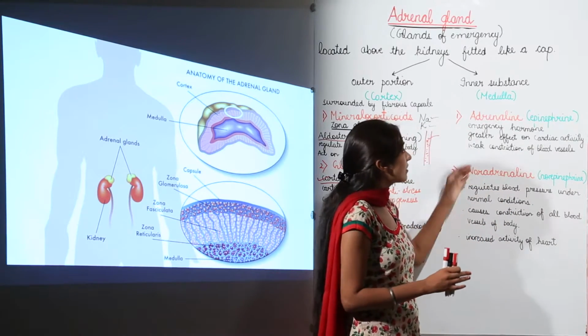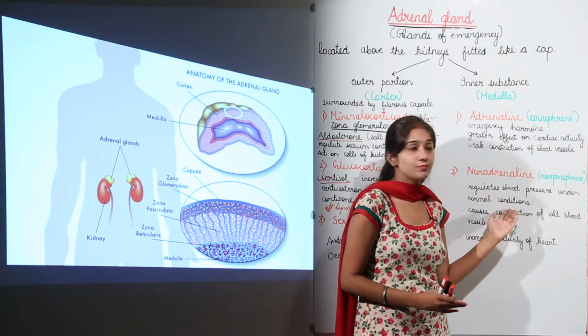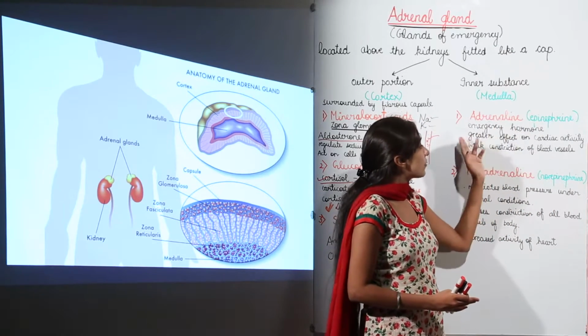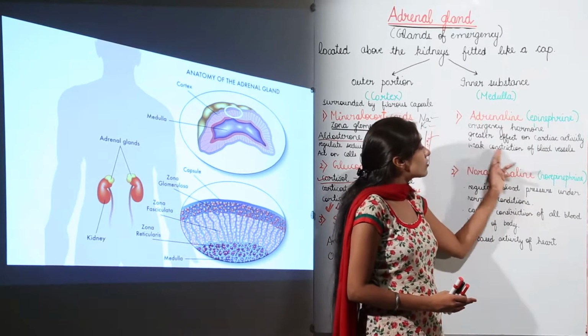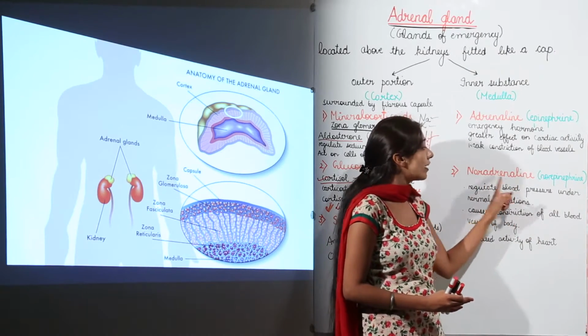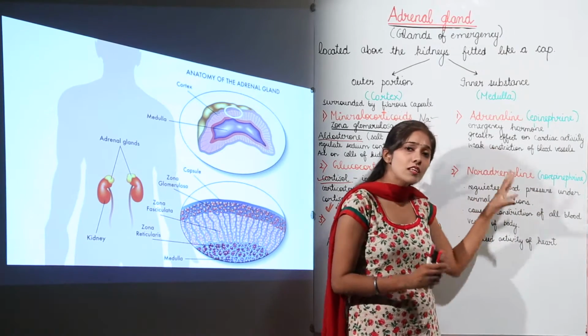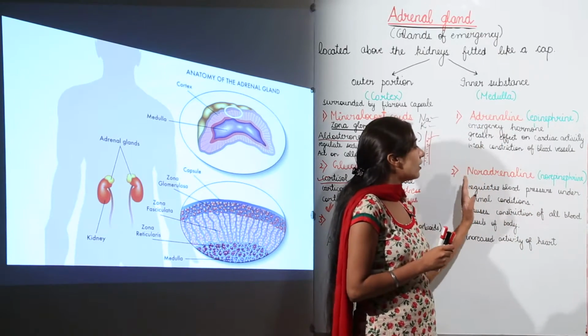You can make out that adrenaline is released under emergency situations and noradrenaline works under normal conditions. Adrenaline has a greater effect on cardiac activity, and it shows weaker constriction of blood vessels, whereas the constriction of blood vessels is quite more in case of noradrenaline.